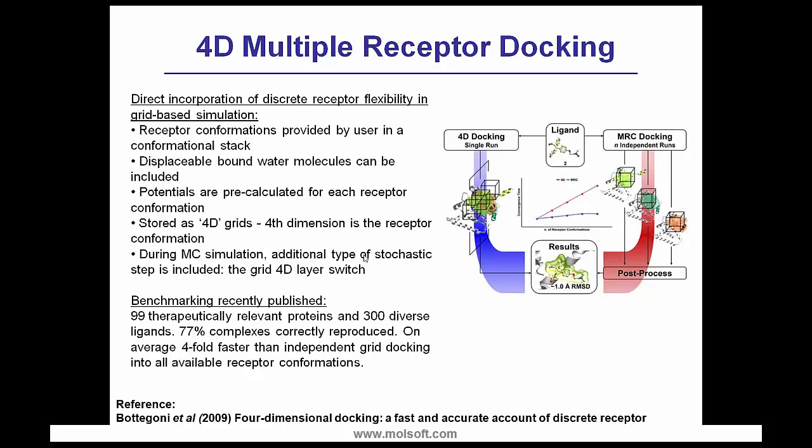This has been benchmarked and found to be a decent, efficient way of incorporating flexibility into your docking. This is the paper which describes the method, by Giovanni Bosconi and Ruben Abagayan, with Max Totrov also on that paper.